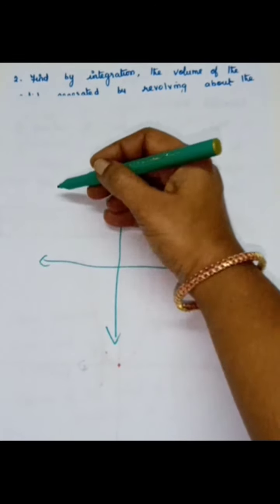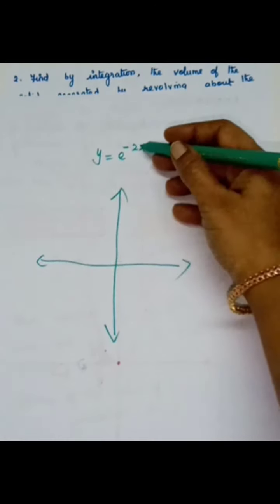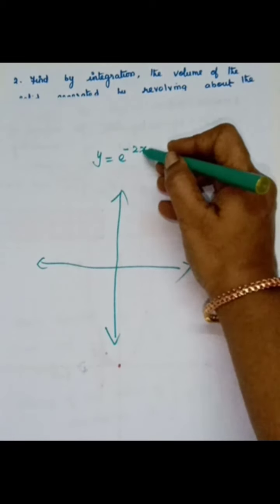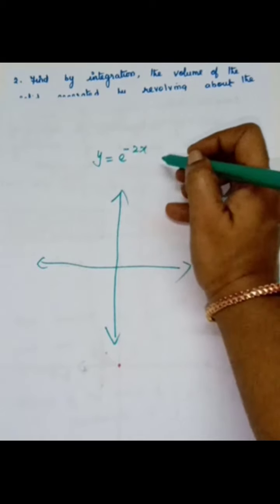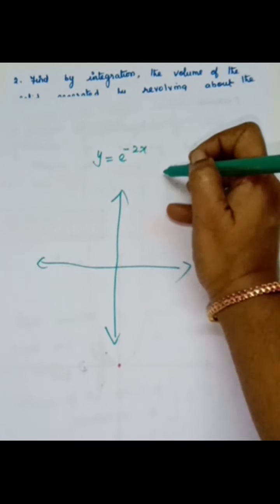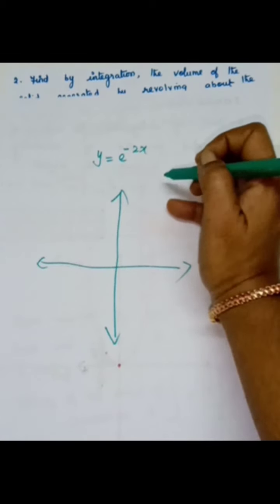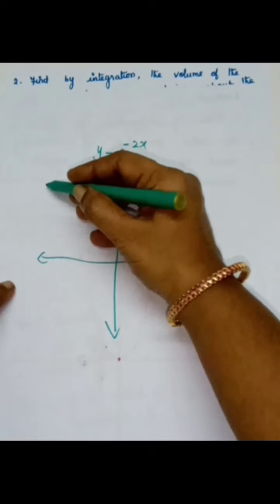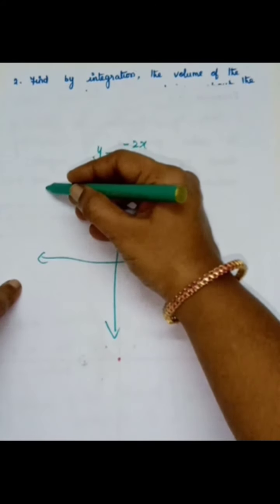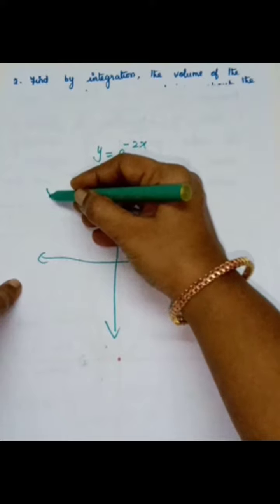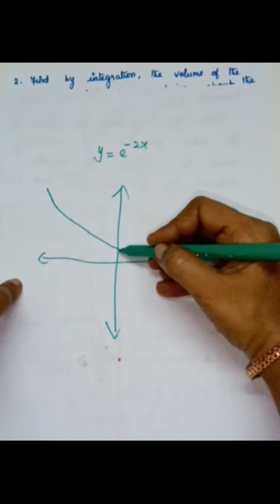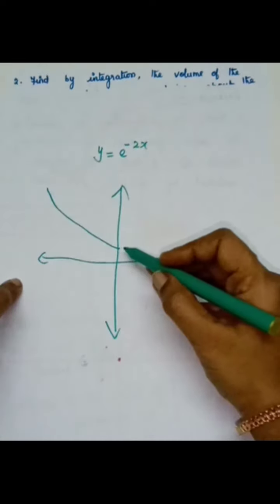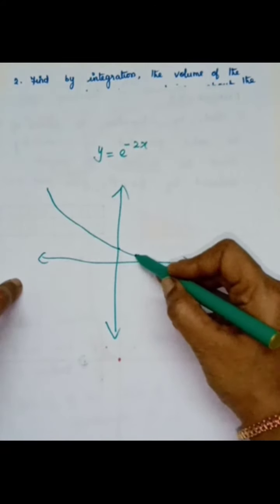So for the positive values it is decreasing, because if you give x equal to 1, it is e power minus 2, that is 1 by e squared. E squared is positive, so 1 by e squared is a smaller value. So the curve will go from infinity and touch the y-axis at 0 comma 1 and go on decreasing.